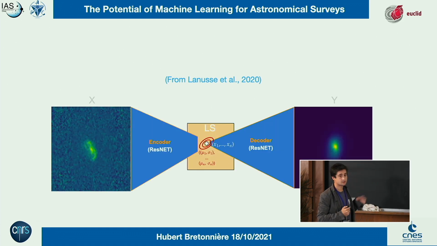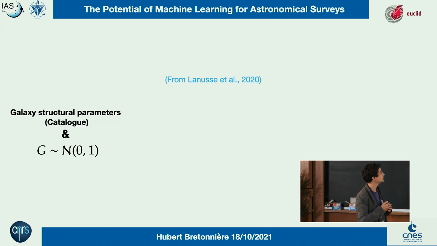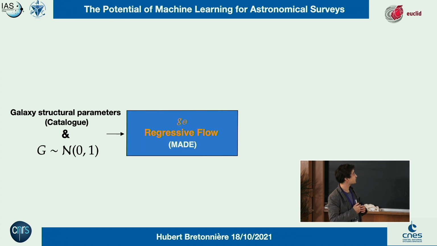So this is good, but the problem is that you can generate quite random galaxies, but you can't simulate a precise galaxy with some physical parameters. So what we've done is to use also an autoregressive flow that learns how to map your catalog.